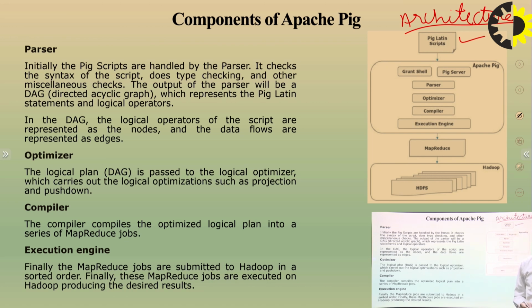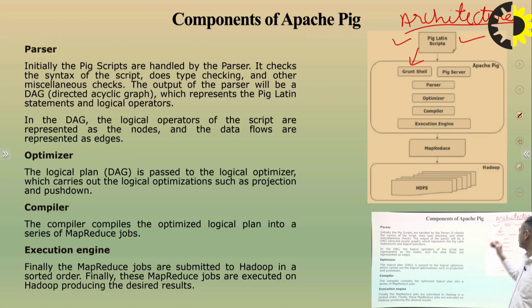So we have scripts written in Pig Latin, and these Pig Latin scripts go to the Grunt shell. The Grunt shell provides an interactive environment where the scripts can be written and executed.